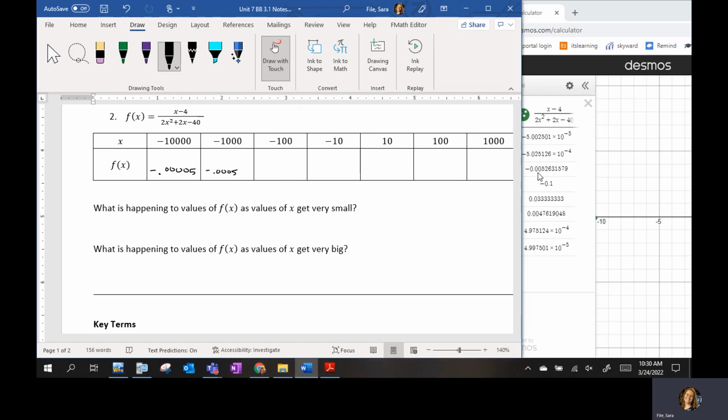Okay, and then the next one only has 2, it's 0.005. And then we're at negative 0.1. And then on the positive 10, it's 0.03, repeating. What in the world? I don't know what is going on. It's so weird.